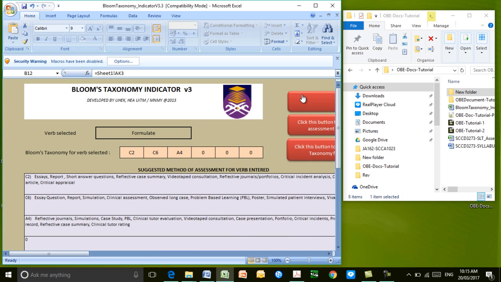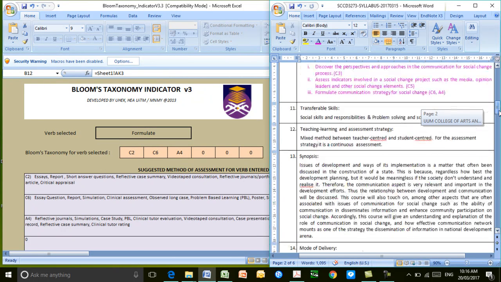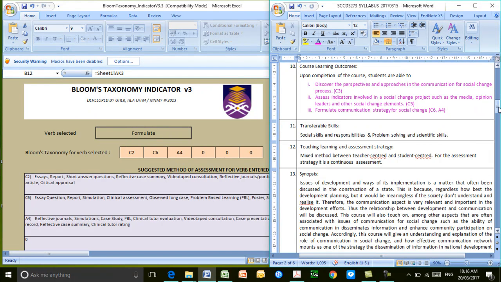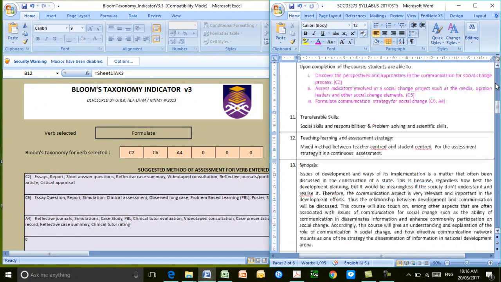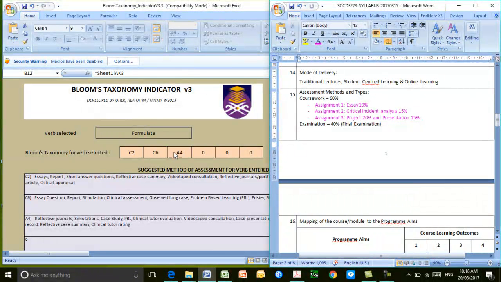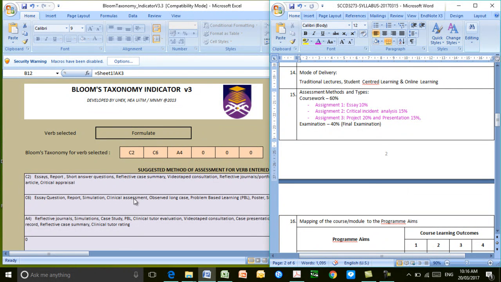If you click over here, it will lead you to the next window that shows you the possible assessment methods. Since formulate is my third CLO, and I have here C6 and A4: for C6, you can do essay, report, simulation, clinical assessment, and etc. And for A4, reflective journal, simulation, case study, PBL, and so on and so forth, right?